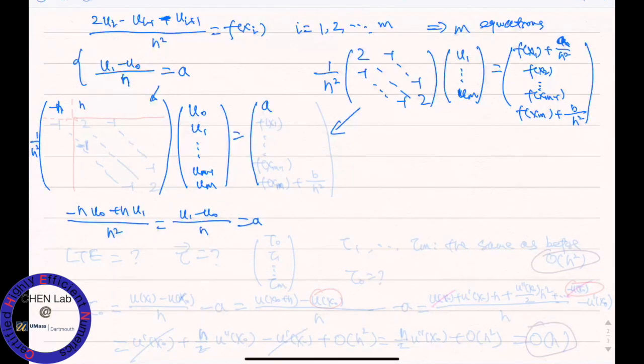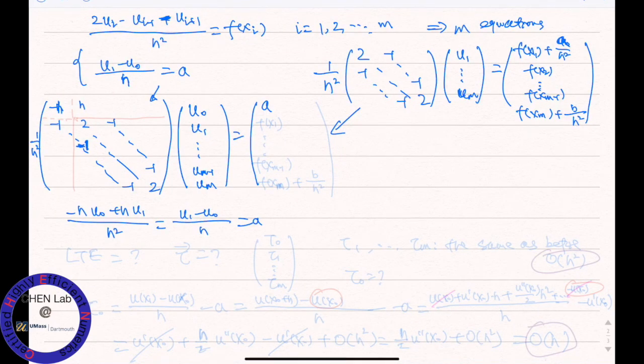So from the second row, we actually have 2, negative 1, negative 1 there, and all the way to the end, we're going to get 2, negative 1, negative 1. The next entry is negative 1 here.